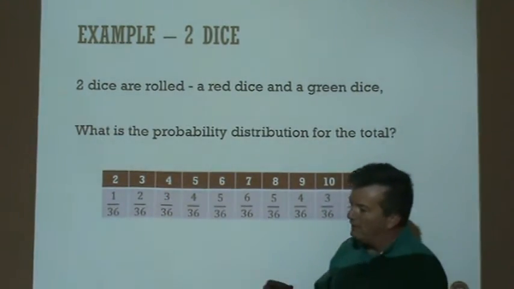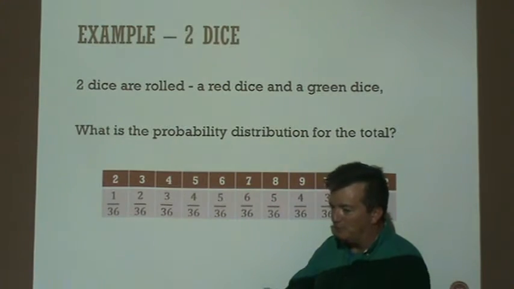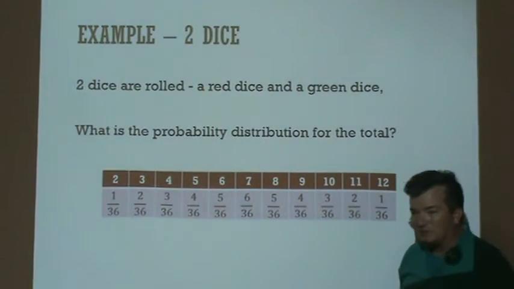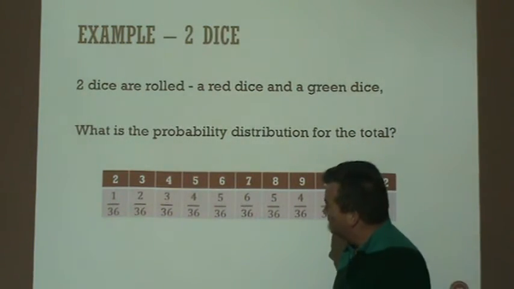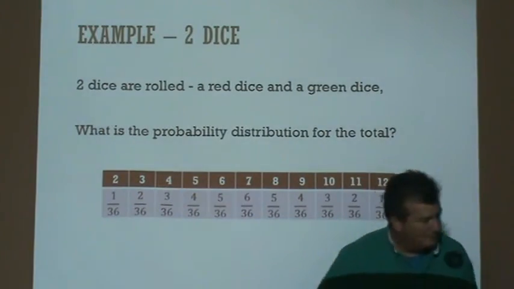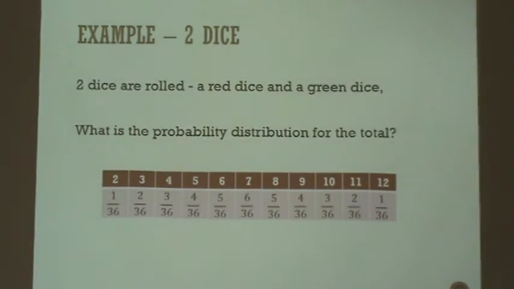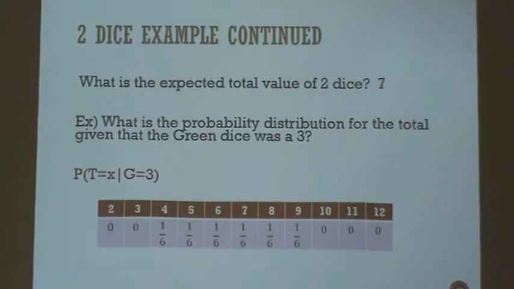Now suppose you were given a piece of information about these 2 dice, like you know the result of one of them. So what if you told one of them came out to be a 3?